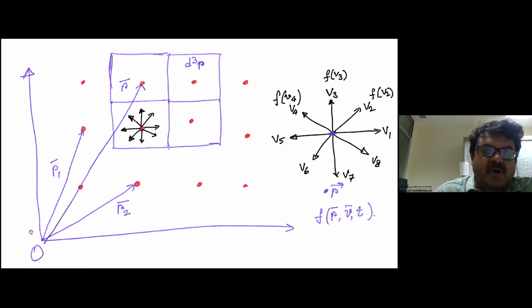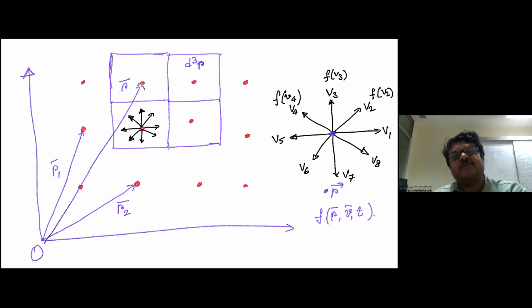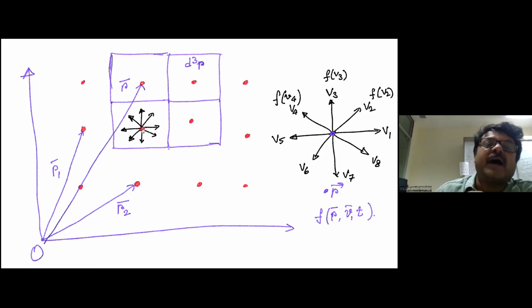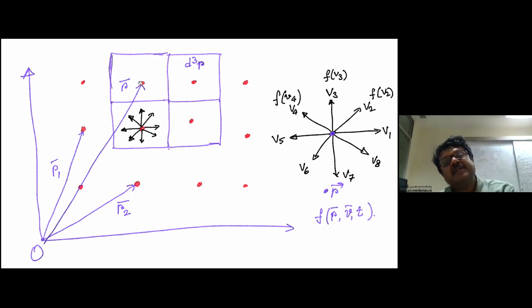This is coordinate r, and we have discretized space, so that at different points in r, at these red spots, you have an f of v defined. What does f of v mean? It is how many particles are going at a particular velocity v at this position at a particular time.